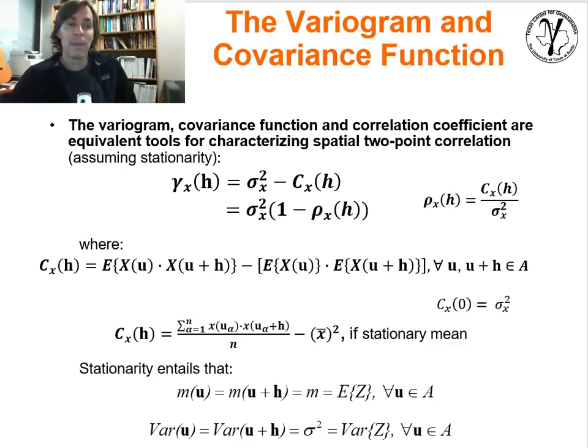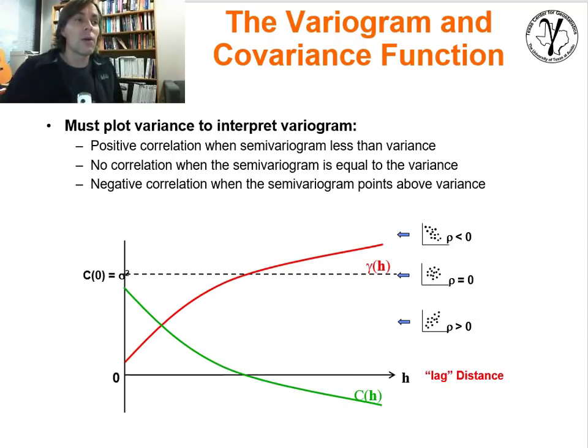Now, of course, we're assuming we have stationarity of the mean. We're also assuming that we have stationarity of the variance in order to make this calculation. If we calculate a covariance, we'd realize very quickly it is the mirror image of the variogram.